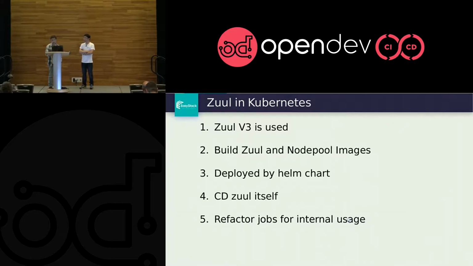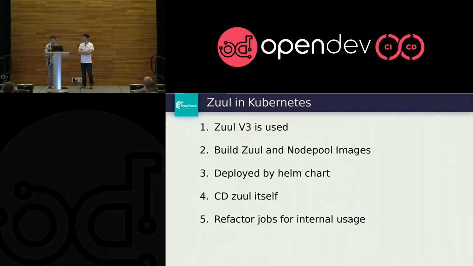And as you know, all configurations of Zuul are managed in the project config in the upstream. So we built some jobs to update the configurations automatically after we get some change in it.